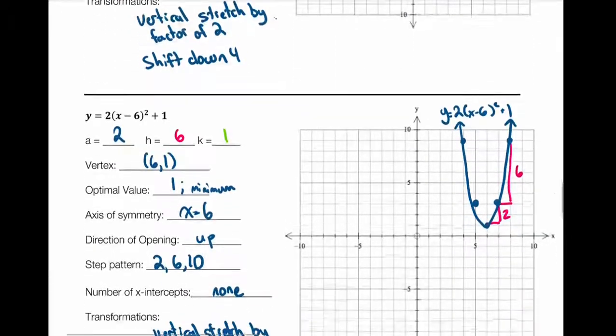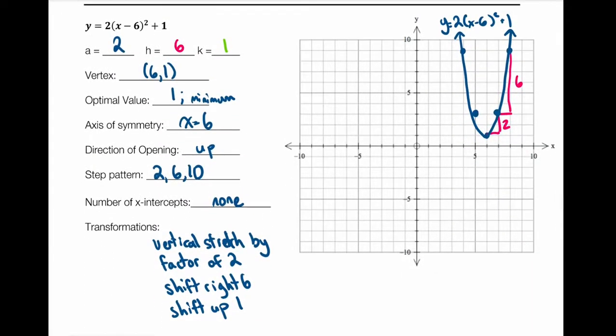The next one you were to try on your own, we have here, again, a, h, and k hopefully were fairly straightforward. Vertex, optimal value, axis of symmetry, direction of opening. Step pattern in this case, if you got the last one correct, then this one should not have been a problem. The a value was 2, so again, following that 1a, 3a, 5a general form, we get 2, 6, and 10.